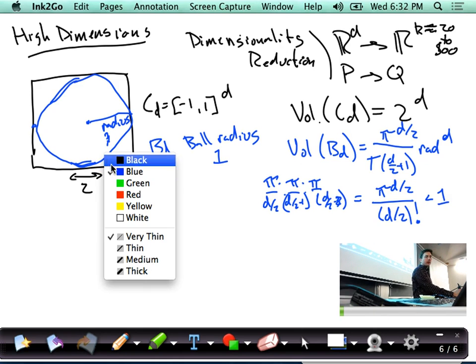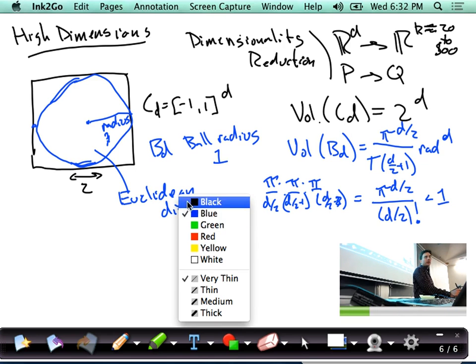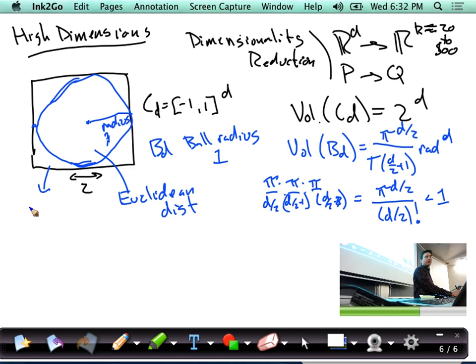This ball is like the Euclidean distance that we're trying to understand, whereas this cube is like the cell in our data structure.